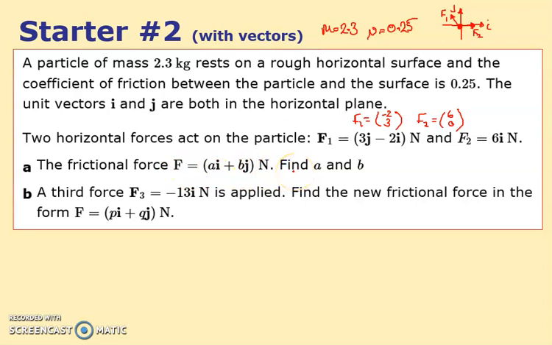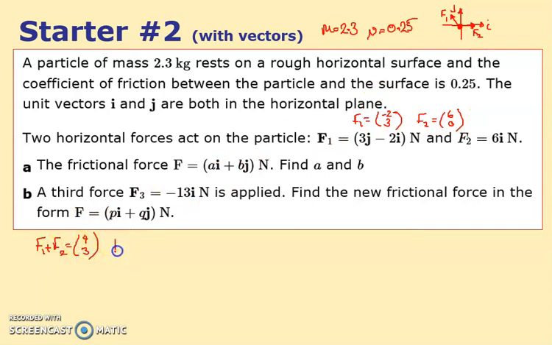What I want to do, and this is slightly different to what we would perhaps have done in the past, is ask myself: what is the overall force that I'm giving it? So I'm just going to do it down here. F1 plus F2. Using what I've done there, I reckon that's 4, 3.